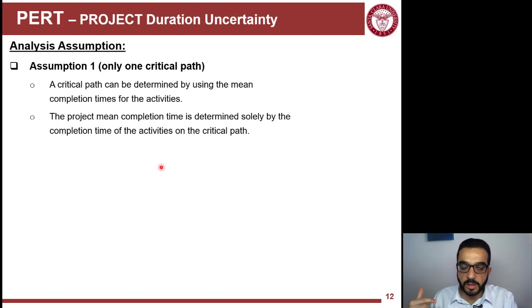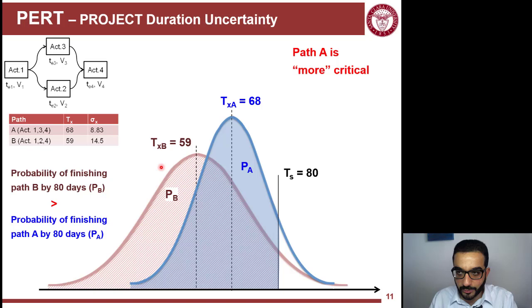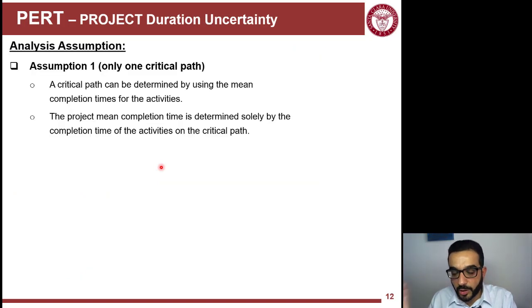There are a couple of assumptions we have to make here. First, you only need to analyze one critical path, one path of the project. So we will not do the analysis we did here, which was just for explaining the complications we deal with when we represent probability for paths. For our case, the critical path will be determined by the mean completion times of the activities.